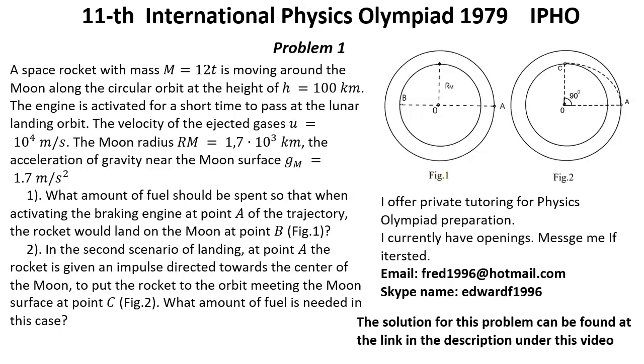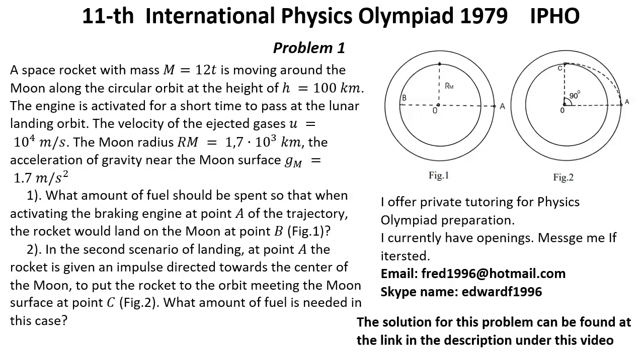Problem number 1. A space rocket with mass m equal 12 tons is moving around the Moon along the circular orbit at the height of h equal 100 kilometers. The engine is activated for a short time to pass at the lunar landing orbit.